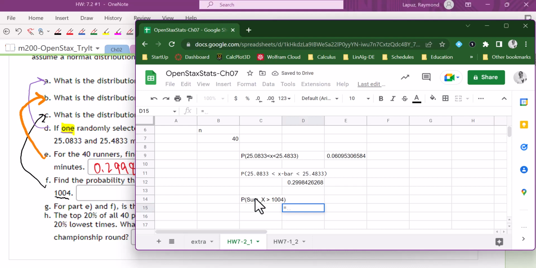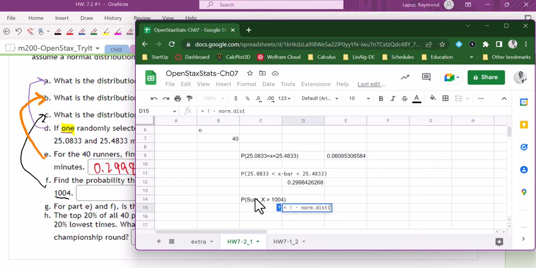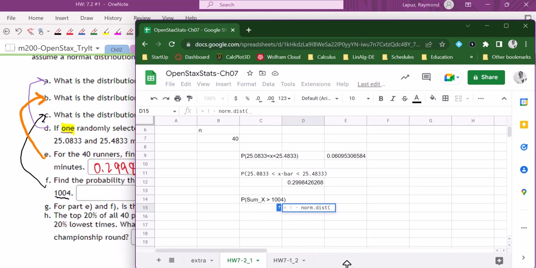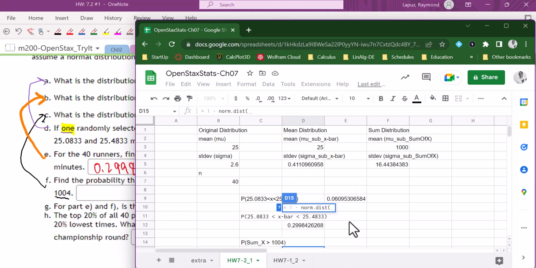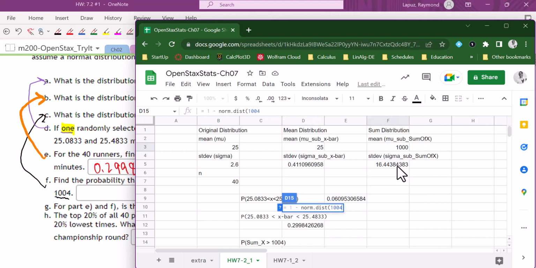We're going to say equals, and remember we start off with 100%. Because it's more than, we're going to subtract off the norm.dist, and then we will be looking for the mean for the sum distribution. The mean for the sum distribution is 1000. Oops, we want to put 1004 first.